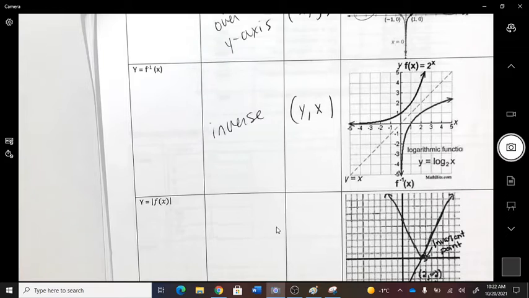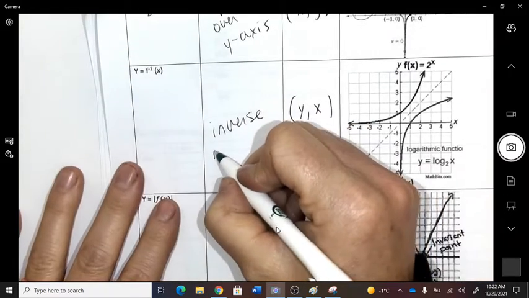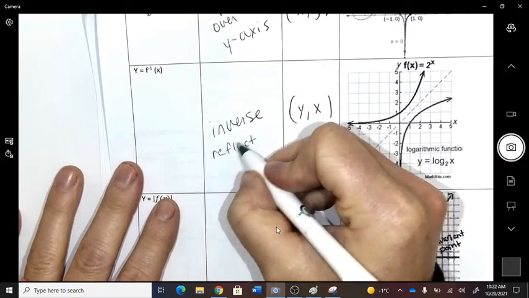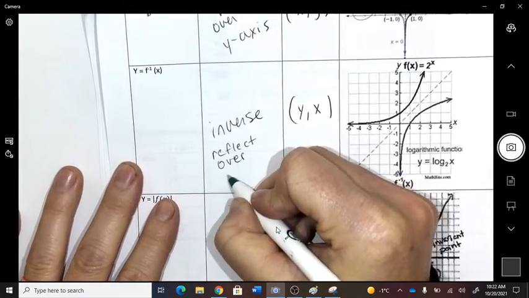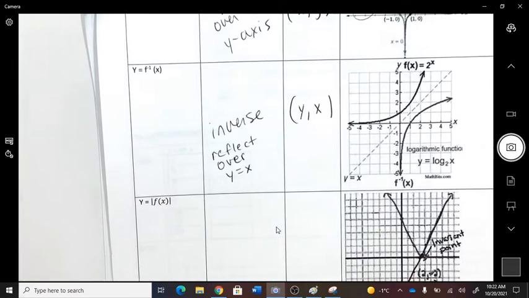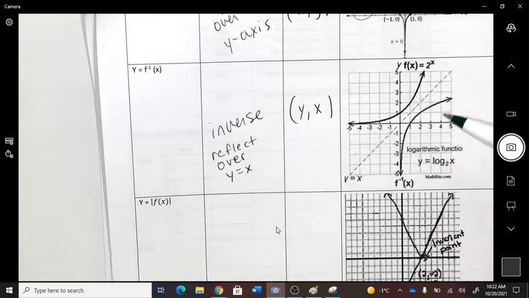Okay? You also need to be aware that it's a reflection over y equals x, which is the name of the diagonal, right, with a slope of 1. That diagonal, it also visually does that.